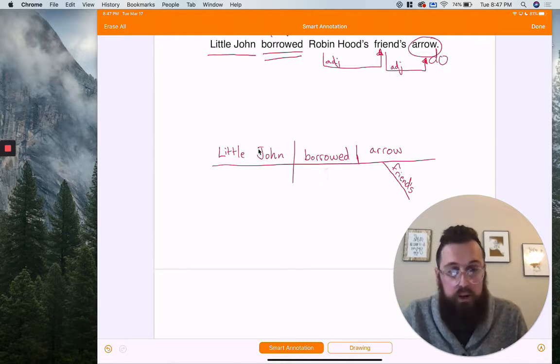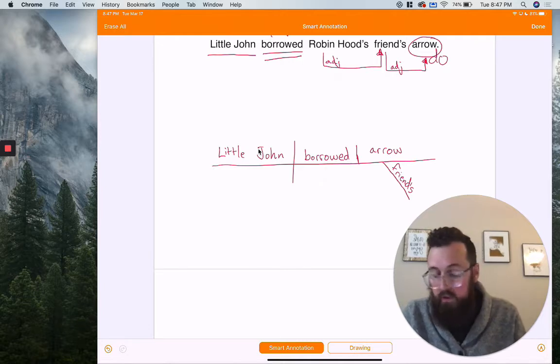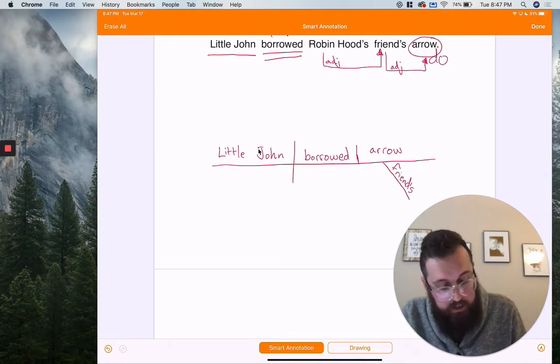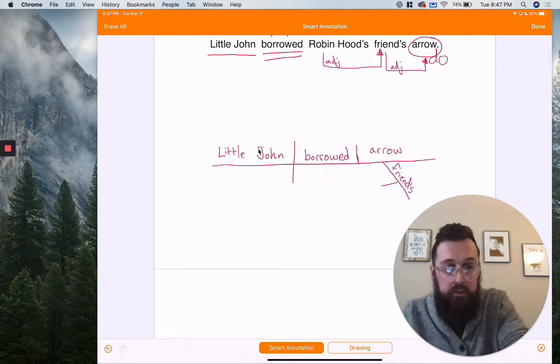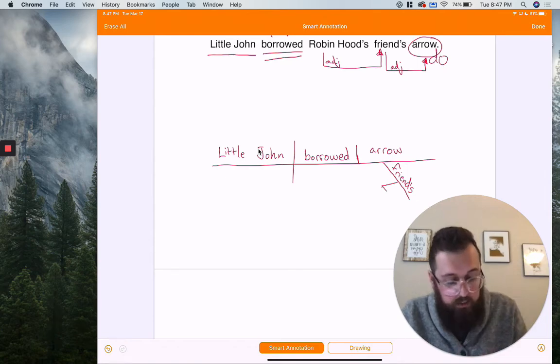Now here's something we haven't really seen before: I need to modify friend's now. How I'm going to do that is I'm going to add a little kind of ladder attachment and then bring it down, and this is where I can add Robin Hood's.